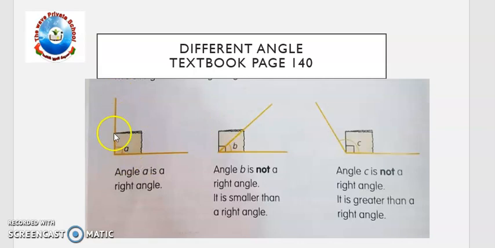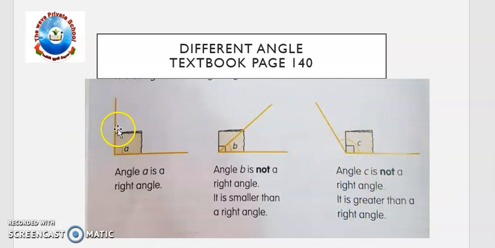A right angle is always in a straight line, but when this line comes down, it means that this angle is less than a right angle. This angle is smaller than a right angle. But if this line goes to this side, it means it is greater than a right angle.